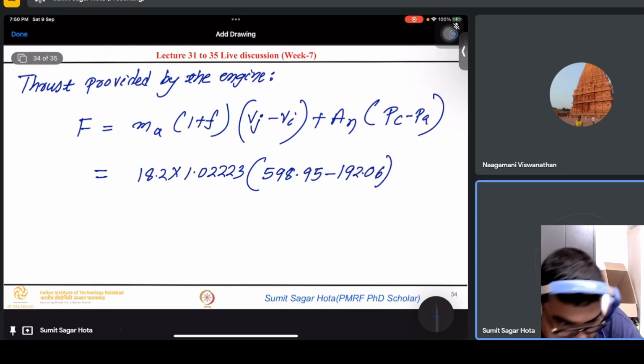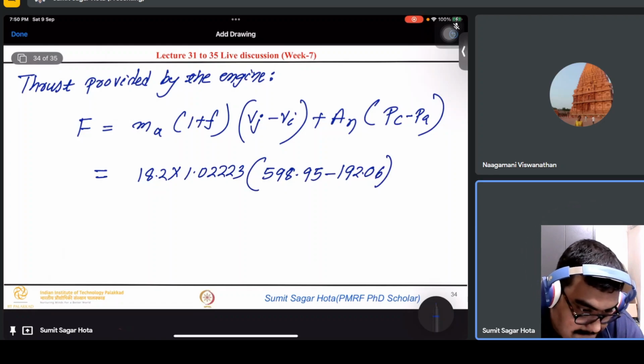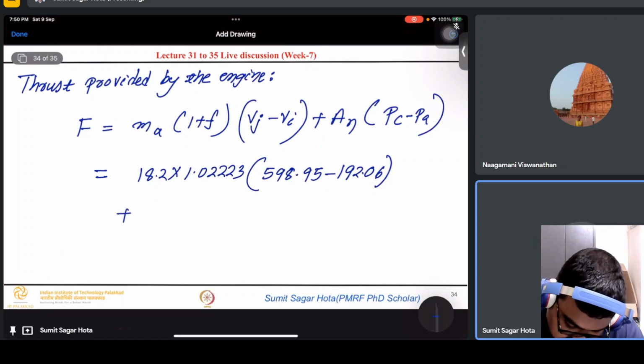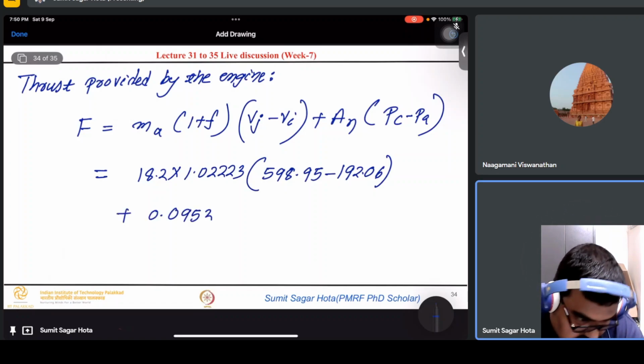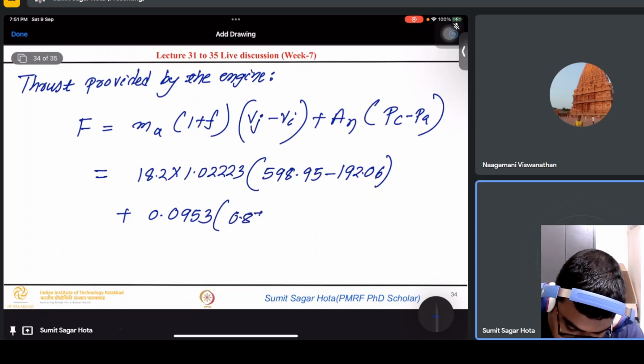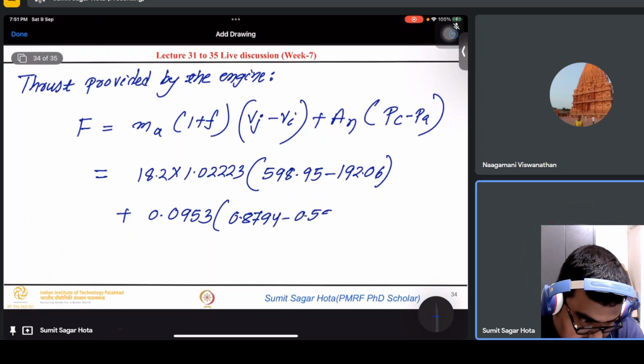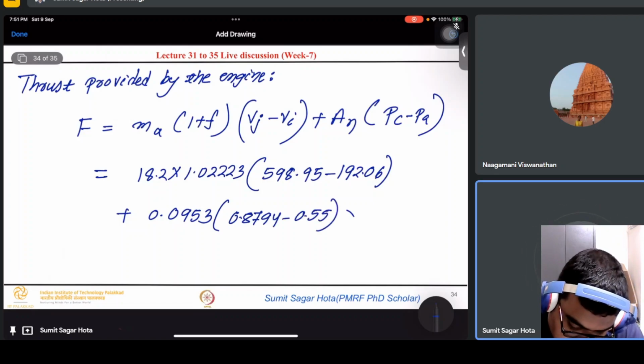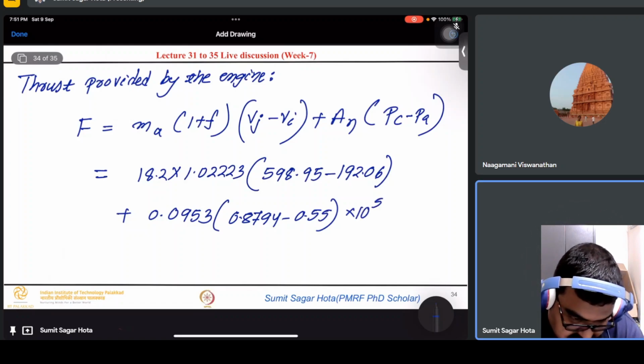And whatever the value is there, plus An, 0.0953, into PC minus Pa, that is 0.8794 minus 0.55, into 10 to the power 5 to convert it into Pascal, with the pressure in bar.